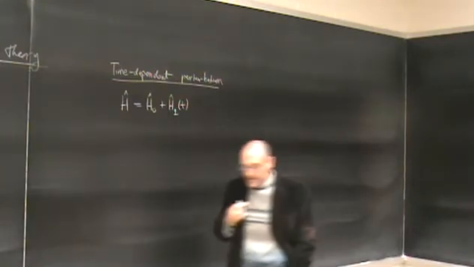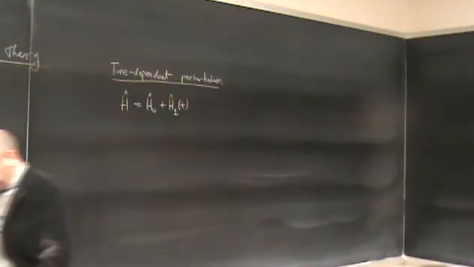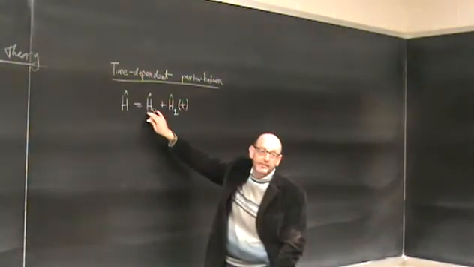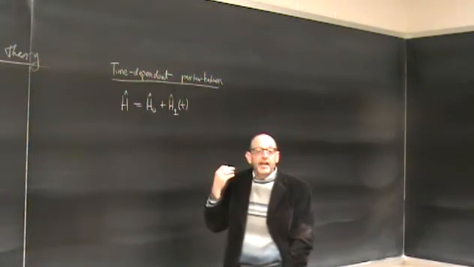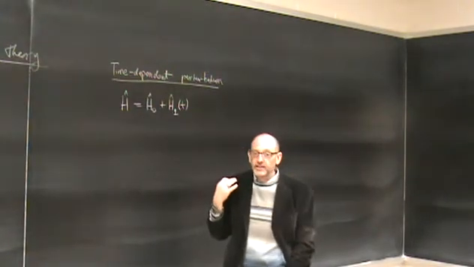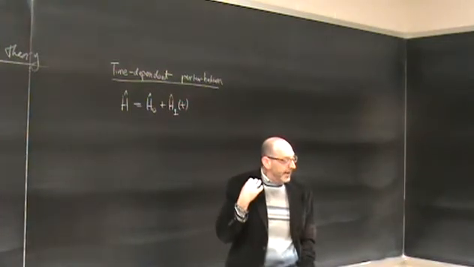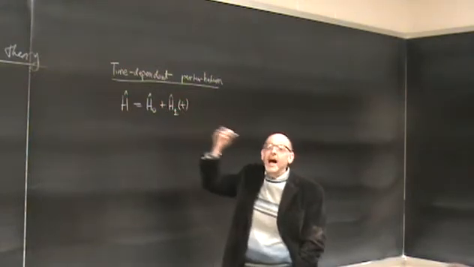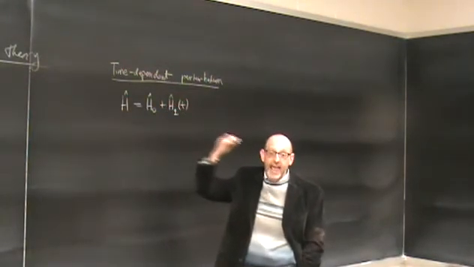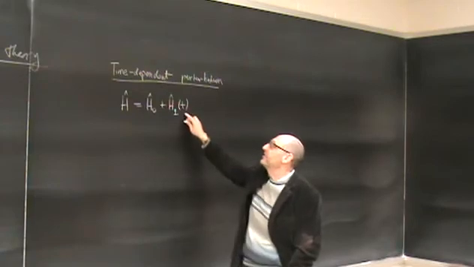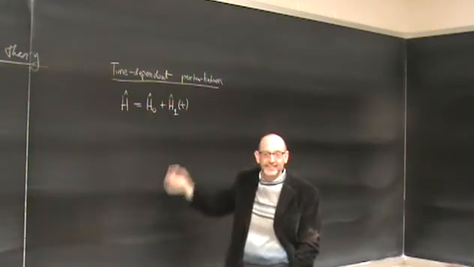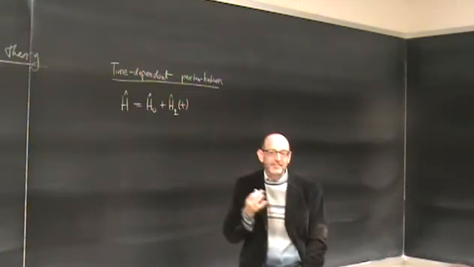If I have some system that has some strong, say, binding that's described by some Hamiltonian, and then I apply a perturbing force to it, and that perturbing force is time dependent, even if that force is tiny, absolutely tiny in amplitude, if the time dependence is just right, it can have a huge effect on the evolution of the system.